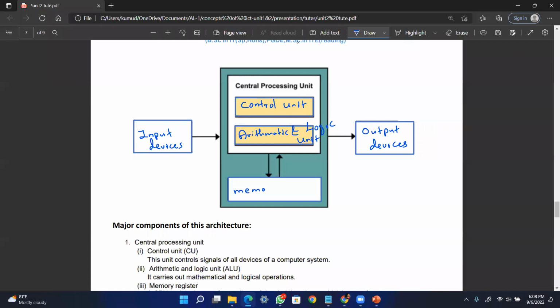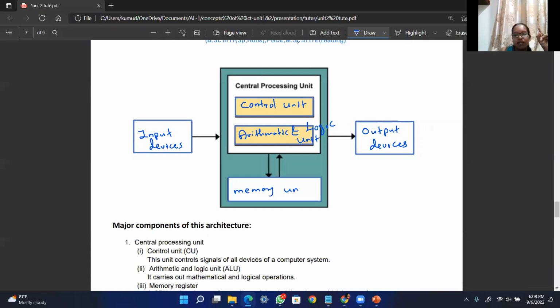The registers had not been put there because the main two parts of the central processing unit are these two only. That is why it has been given here. Some diagrams show three, but most of the diagrams show these two parts only. This part is the memory unit. This whole box is the CPU, and this is the memory unit.